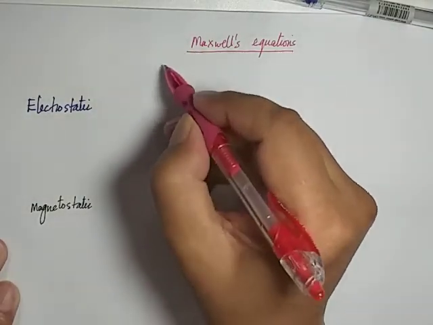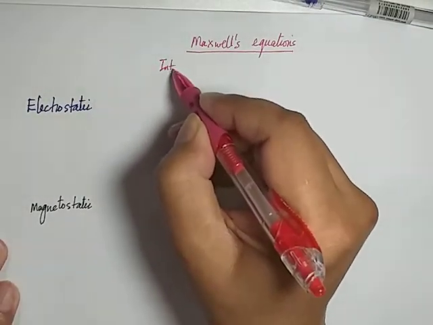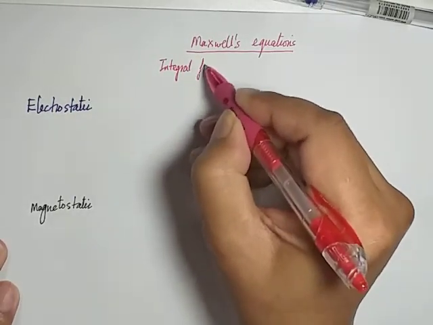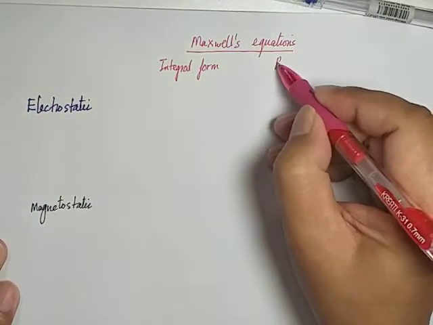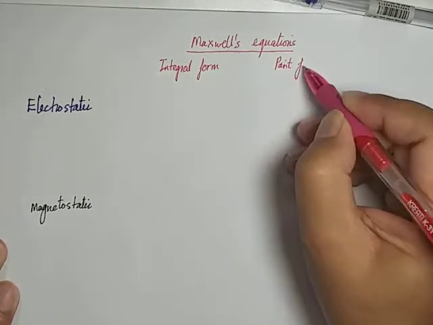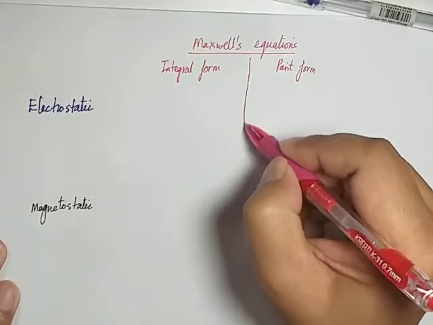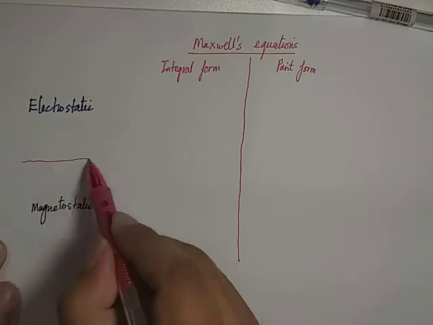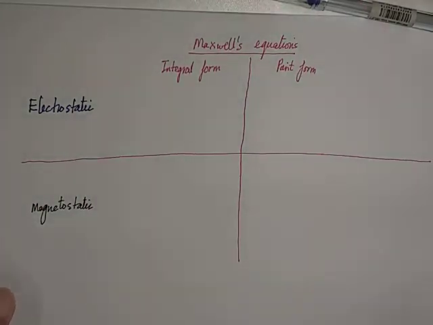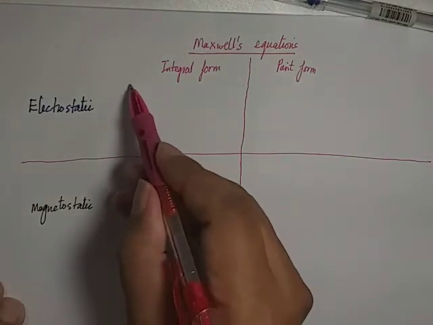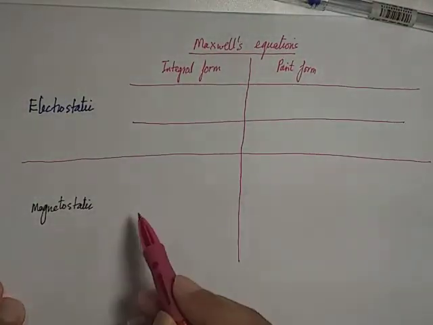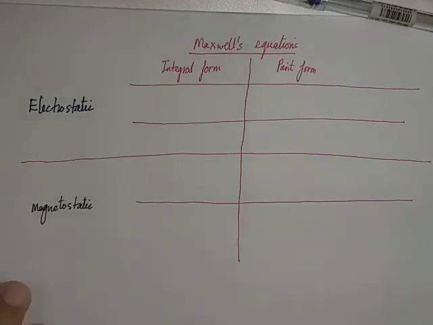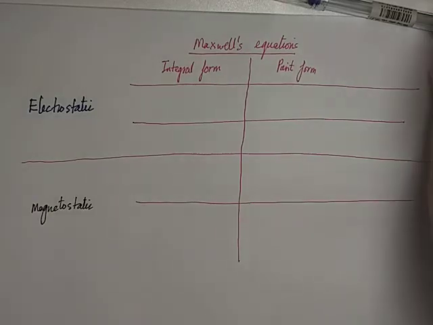We can call it integral form, and it can also be represented in point form. So now I'm going to divide further into 2.